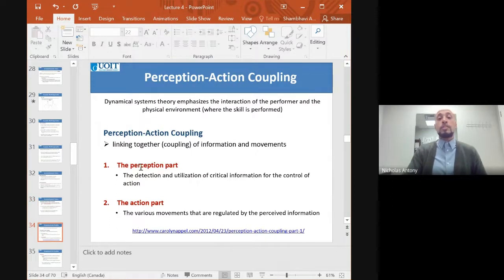It also discussed this whole idea of perception action coupling. It suggested that there was a coupling of picking things out in the environment. Think about hitting a baseball. You have to time your movements with the environment, but I'm not consciously thinking, okay, I need to hit the ball then.